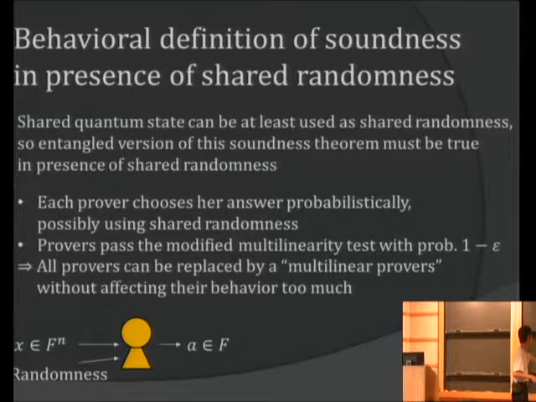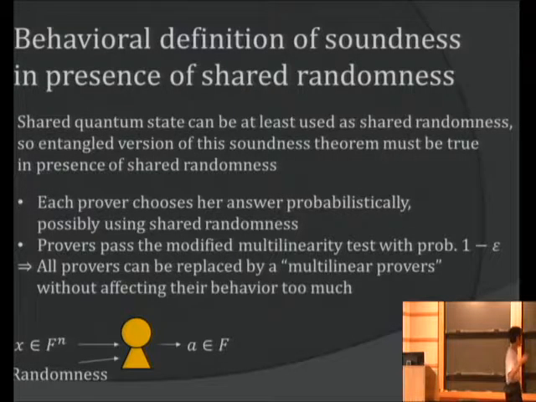So now we can consider it in this way. We start with a prover who takes some point x and a shared random variable and answers one scalar value.